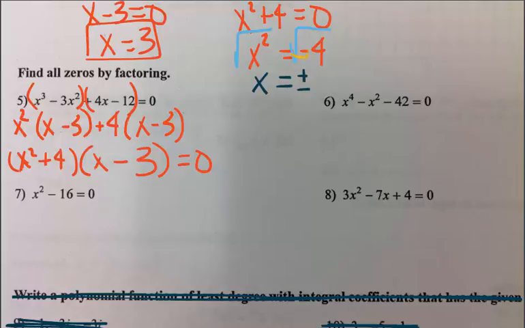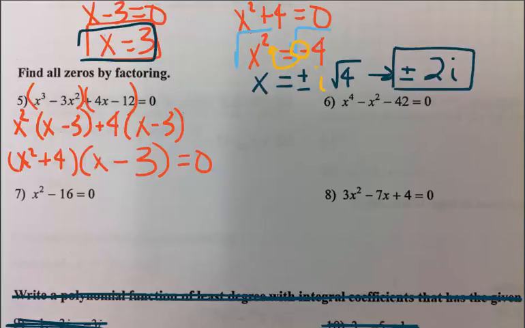But this is a negative 4, and we are usually not allowed to take square roots of negatives. To bring that out, we have to toss in an i. So if we get i square root of 4, I really know this is plus or minus 2i. The square root of positive 4 is just plus or minus 2. The square root of negative 4 is plus or minus 2i. There's 2 answers, and I got my third one over here.